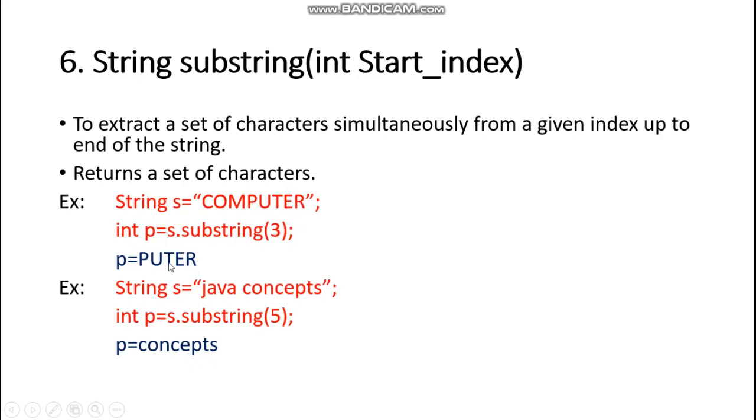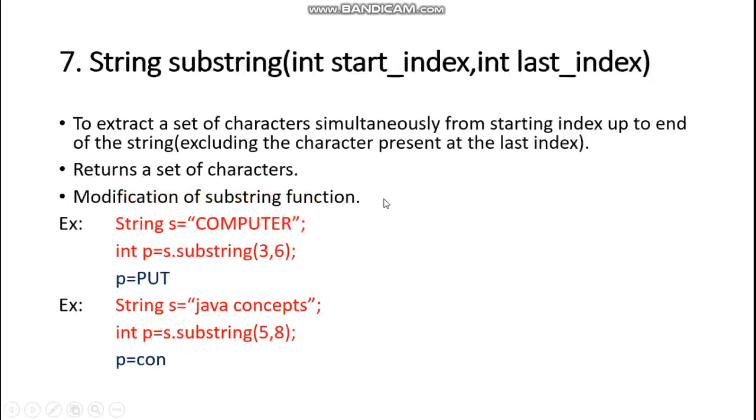So I'll get that set of characters here. And here I'm giving 5. So 0, 1, 2, 3, 4, 5. I'm starting from Z till the end of the string, that is concepts. So this is the use of substring to extract some sequence of characters from the string.